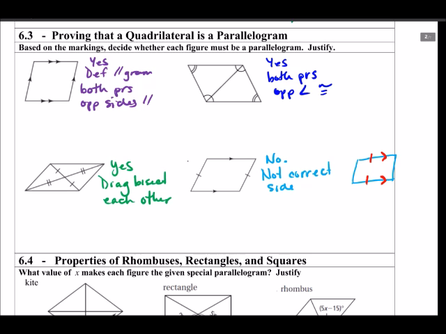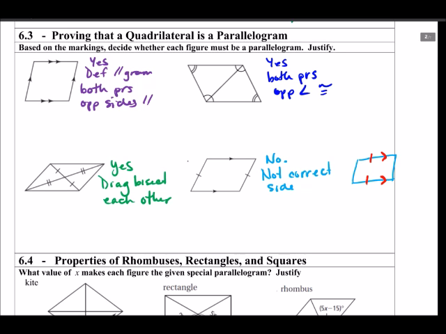Know your formulas for the interior and exterior angles of polygons. There's 4 of them. 2 work for every polygon. 2 of them work for regular polygons only. And then know your properties of parallelograms. By definition, opposite sides are parallel.